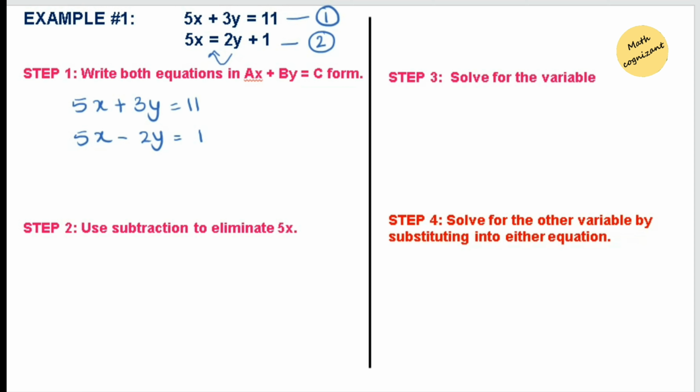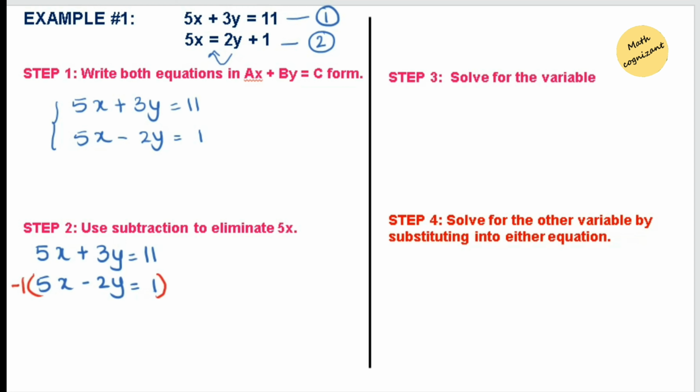So now we can see that if we do the addition, it doesn't work. So we have to do the subtraction. To do the subtraction, we need to multiply the whole equation by the negative sign. Write down the first equation as it is. Either one of the equations has to be multiplied with a negative sign. So let's take it as second equation.